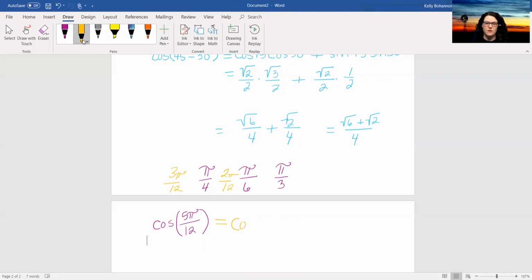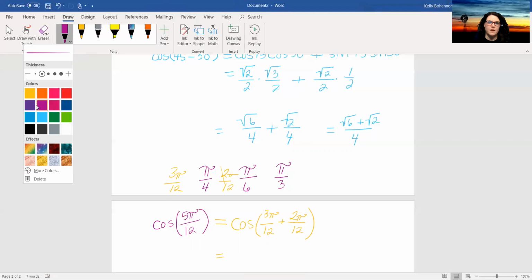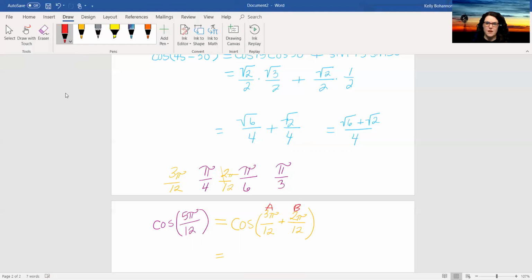I'm going to change this to cosine of 3 pi over 12 plus 2 pi over 12. And I'm going to use my identity to rewrite that. So again, if you remember, this is our A piece, and this is B, and this time it's a plus.